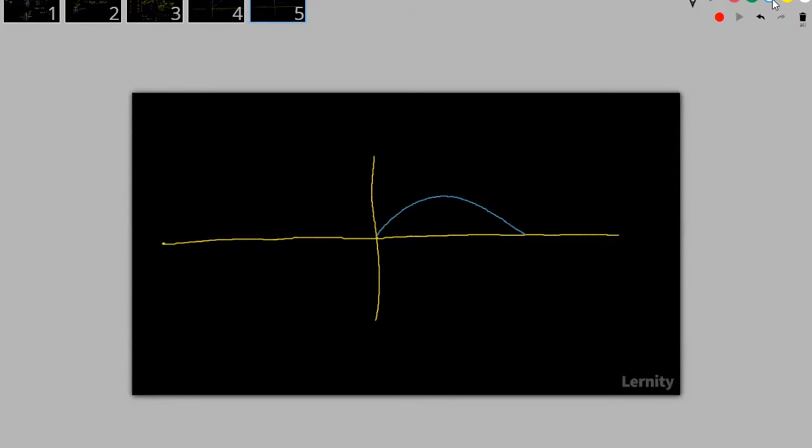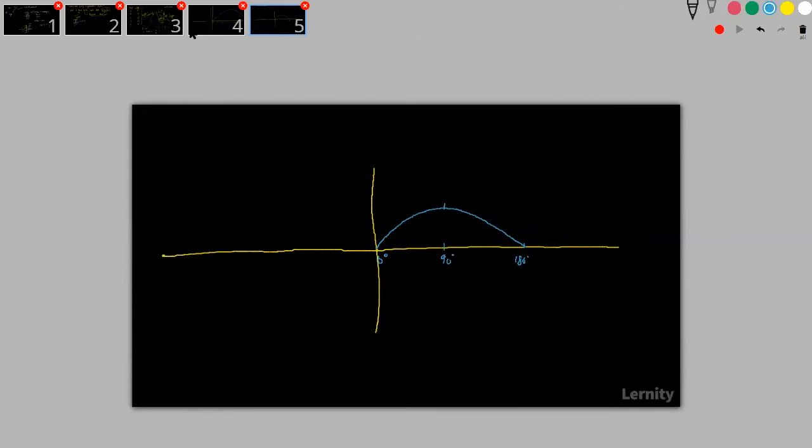This angle was 90 degrees, this angle was 180 degrees, and this angle was 0 degrees. Understood? So what is happening? Moving from 0, maximum at 1 and then ending at 0. So this is exactly the sine curve between 0 to 180.